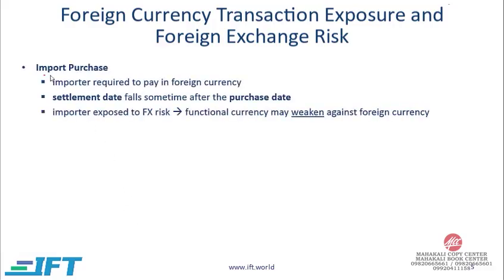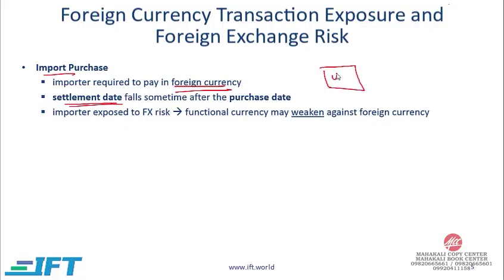We'll now talk about these transactions in a little more detail. Let's look at an import transaction first. We have foreign exchange risk or foreign exchange exposure if the importer is required to pay in the foreign currency and the settlement date falls after the purchase date. The risk to the importer is that the functional currency may weaken against the foreign currency.